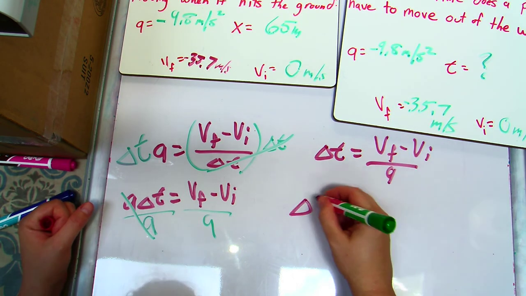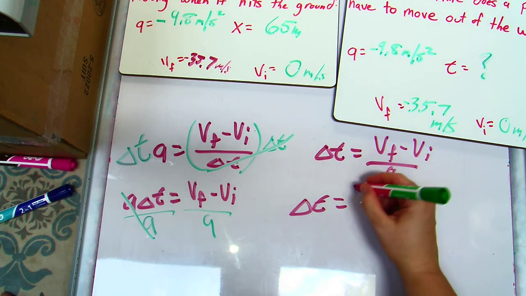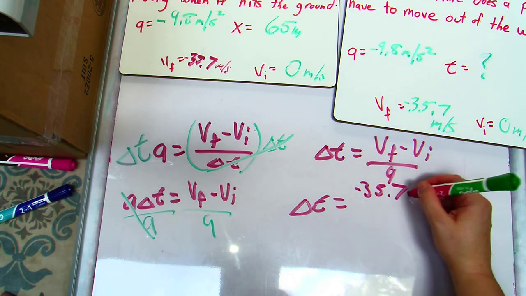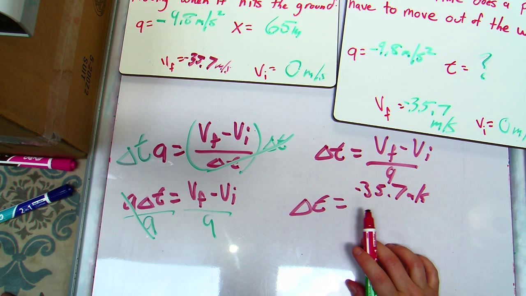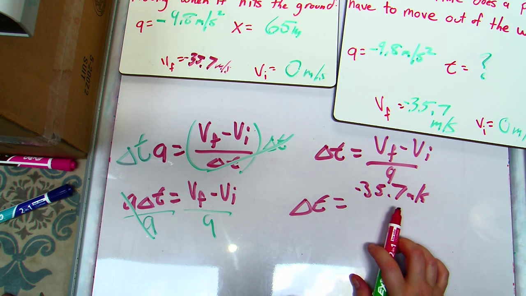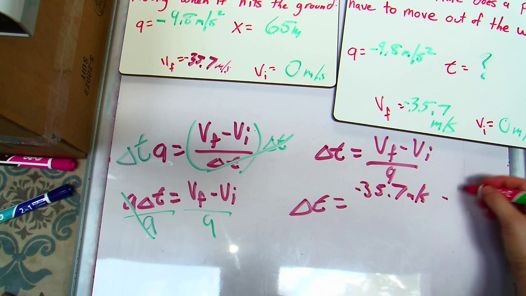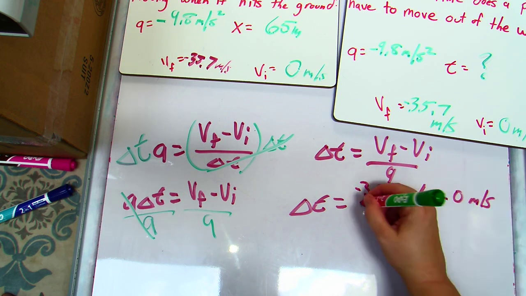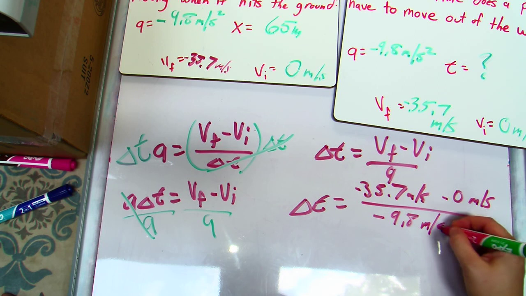We know all these values. We calculated the vf already, that's negative 35.7 meters per second. The initial is 0, so negative 35.7 minus 0 is just negative 35.7. And the acceleration is negative 9.8 meters per second squared.